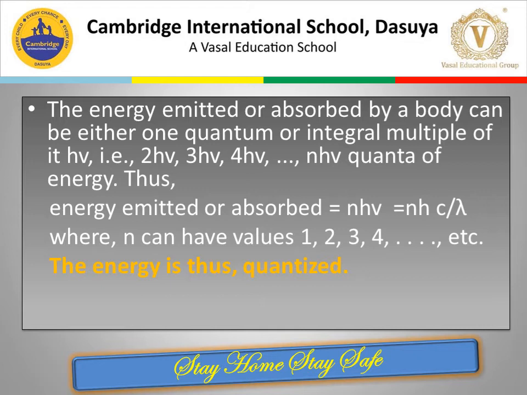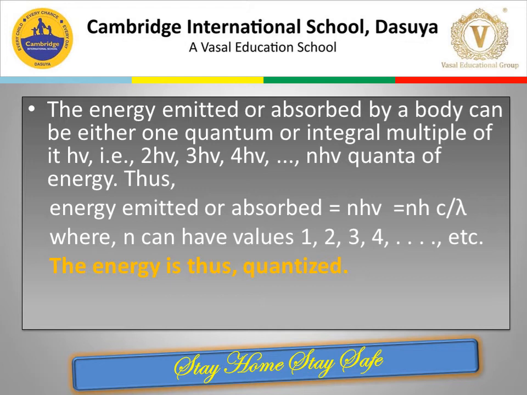The energy emitted or absorbed by a body can be either one quantum or an integral multiple of it. That is, it can take up the value 1 h nu, 2 h nu, 3 h nu, and so on, quanta of energy. Thus, the energy emitted or absorbed is equal to an integral multiple of h nu, that is n h nu.